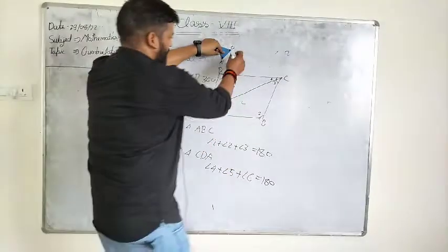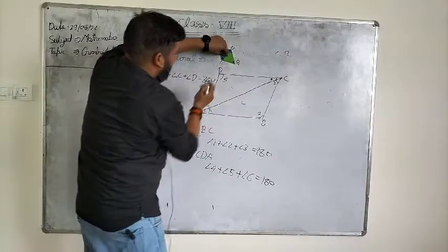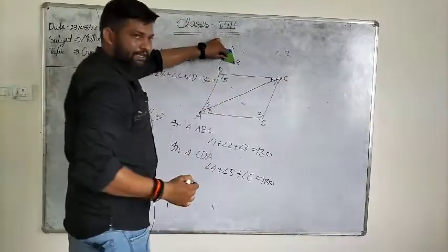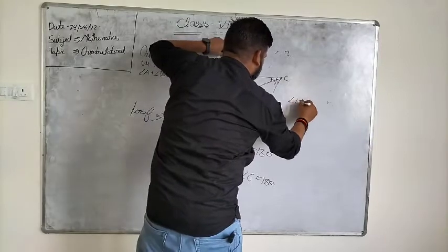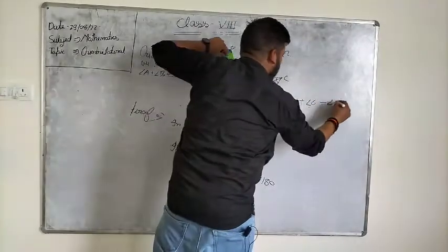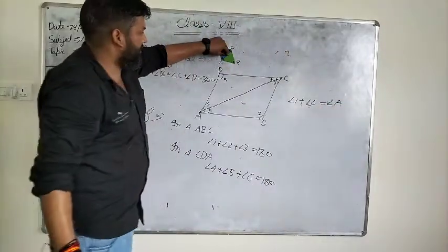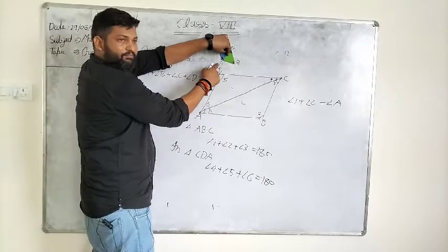Now one more thing you have to observe. Look at angle A and angle C. If I write angle 1 plus angle 6, can we write this as angle A? Yes, sir.